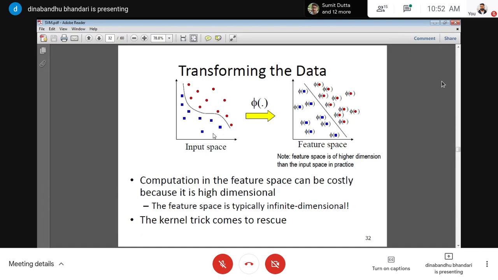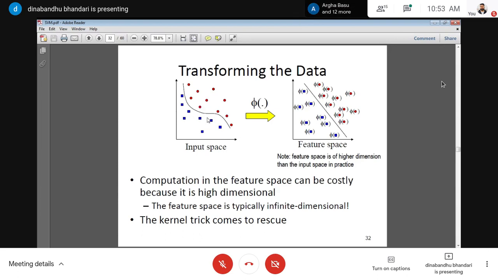We multiply them and construct a capital N by capital N matrix of those dot products, the coefficients of the quadratic terms of the alphas, and feed that to the QP solver. So those things we have to calculate.